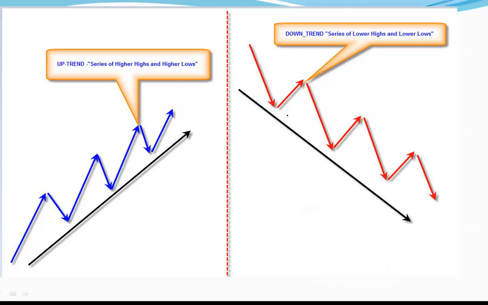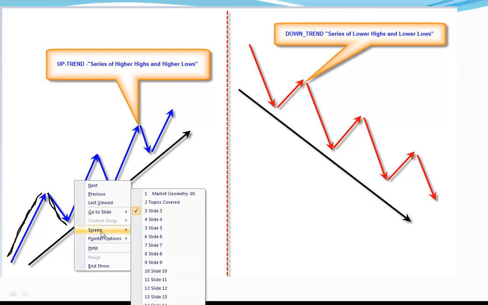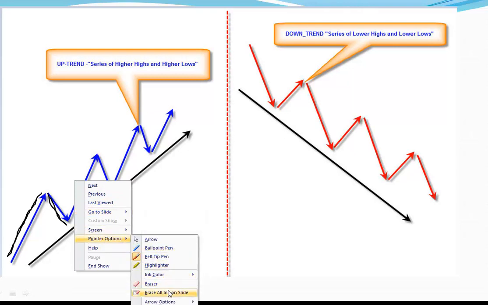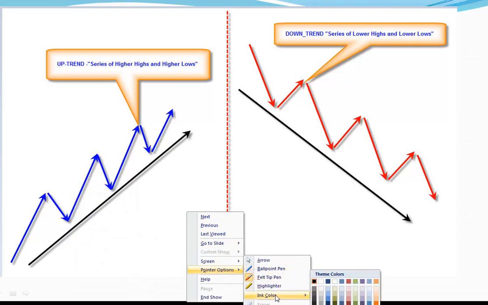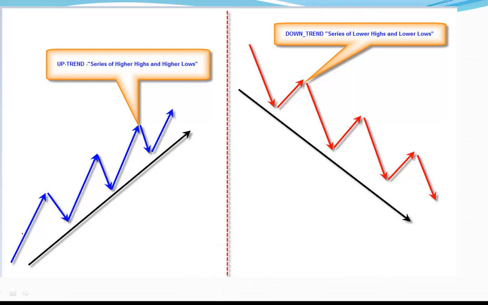Now, looking into the future of what we're going to be doing, not really today, but what we're going to be doing is a couple of things. Number one, we always look at this as the move up, and this right here is the retracement. Let me fix the color so we have a nicer color. There we go.